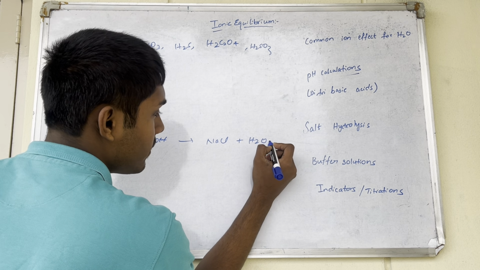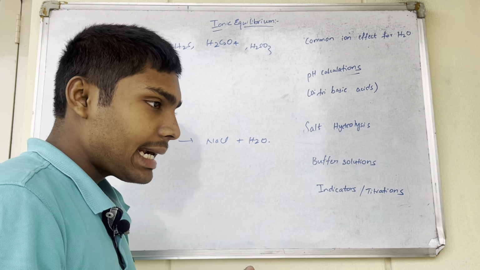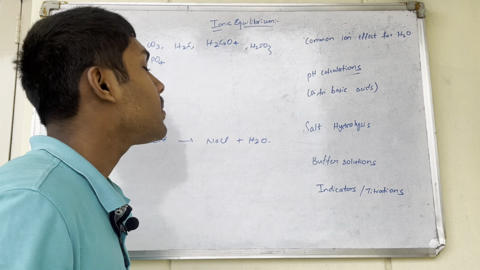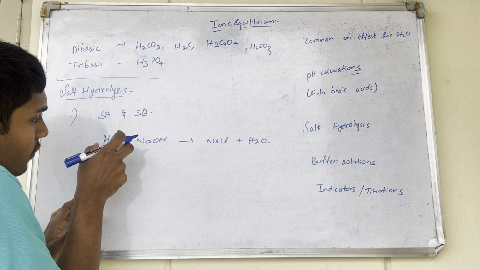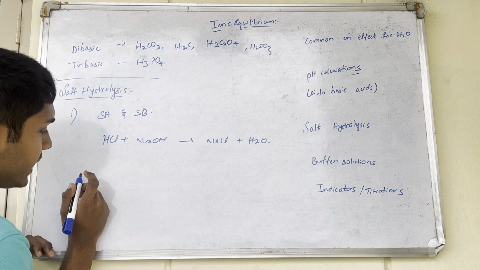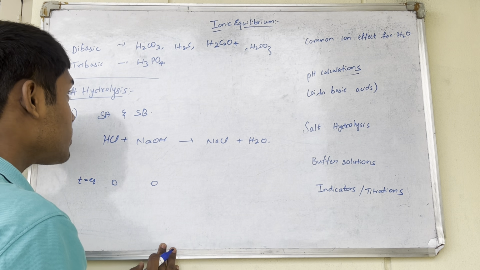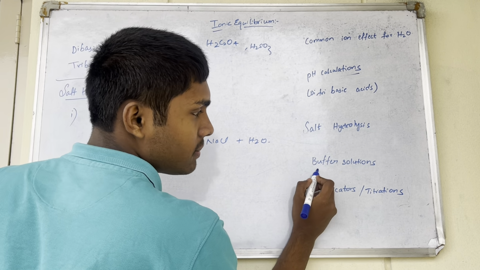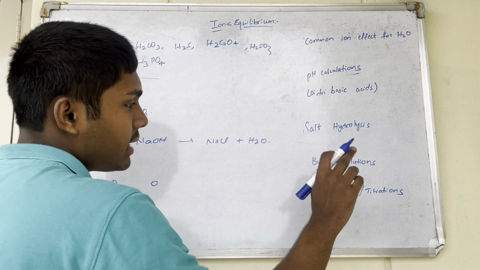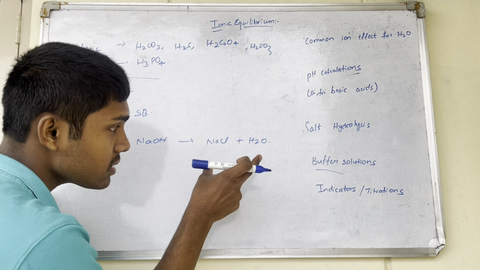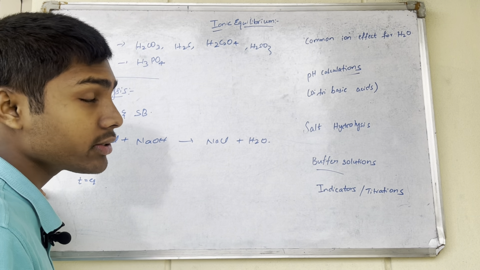This is a basic reaction, as you know. And remember, salt hydrolysis is applicable only when it is completely neutralized, which implies the concentrations of HCl and NaOH at equilibrium should be 0, 0. Then only the salt hydrolysis concept is used, or else we will go with buffer solutions, right? I'm going to explain it also. So remember, when it is 0, 0, then only you can use this salt hydrolysis formula or concept.